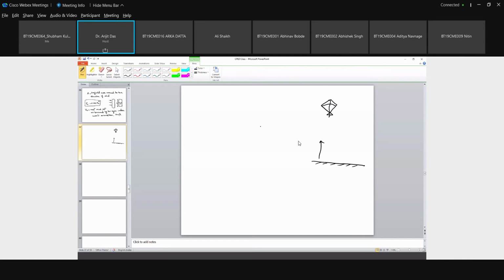So it may be shown like this for a tall tower. Suppose this is a 50 feet tower.